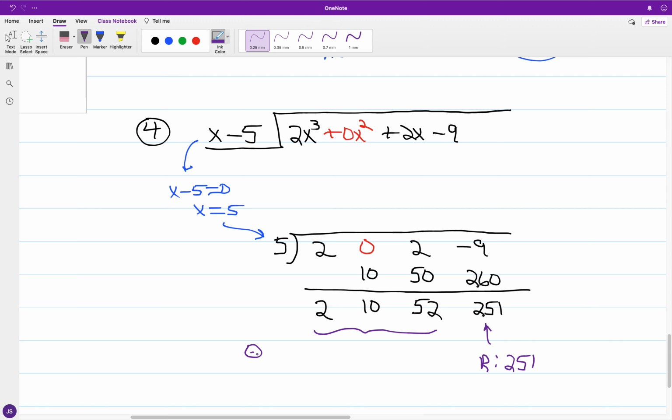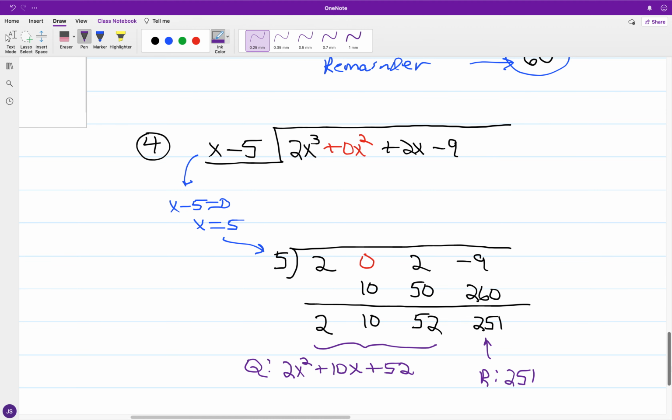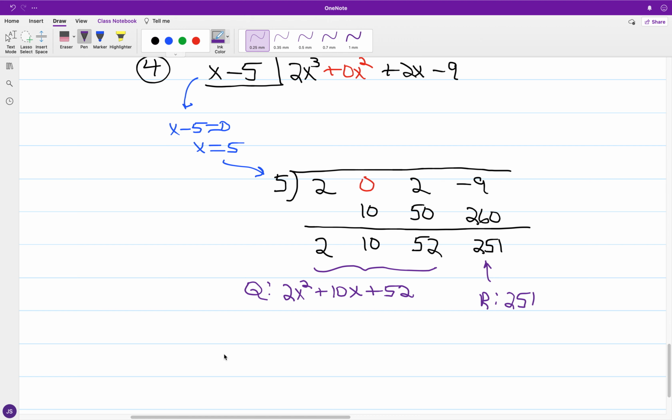And as for the quotient, that's going to be 2x squared plus 10x plus 52. And just for the expanded form, where we have the quotient and the remainder over the divisor layout. So we have 2x cubed plus 2x minus 9 all over x minus 5.